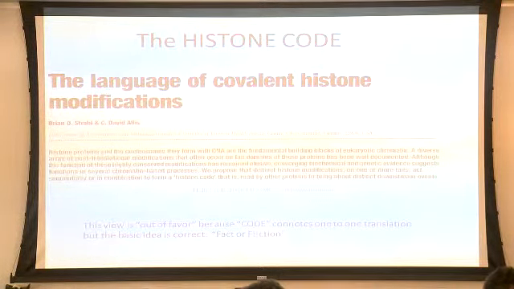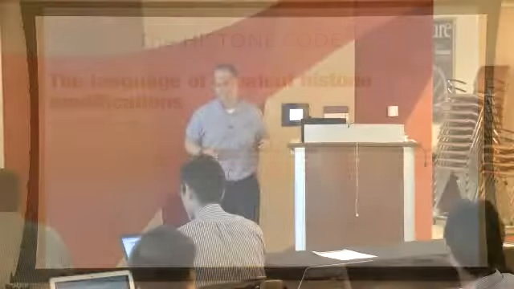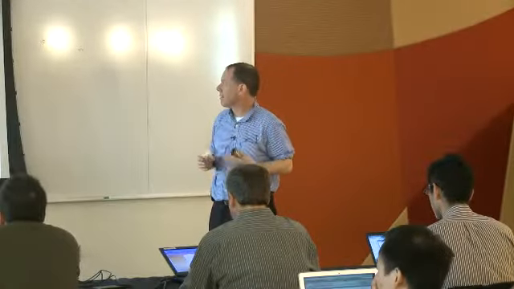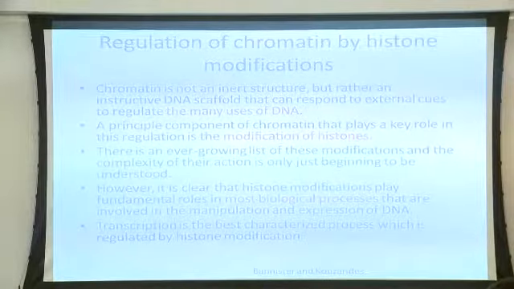You can see from that data that many modified loci are not active, more than active ones. So the modifications were, I have to say, not obligate predictors of function. So to summarize then, chromatin is not an inert structure, but rather an instructive DNA scaffold that can respond to external cues to regulate the many uses of DNA.